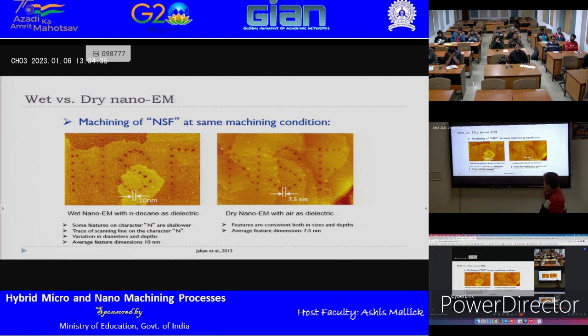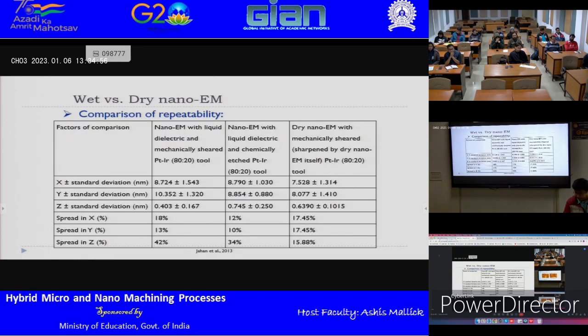Wet EDM also has more variation. Here some of the holes are shallow and some are deeper, but here most of the holes are of similar depth and diameter, so the variation is less.